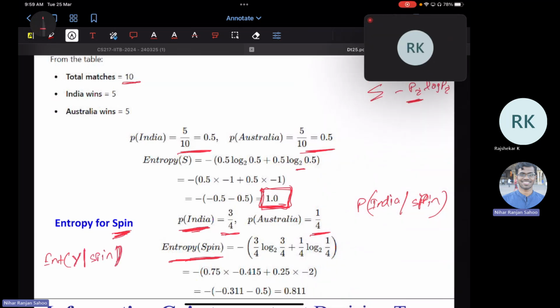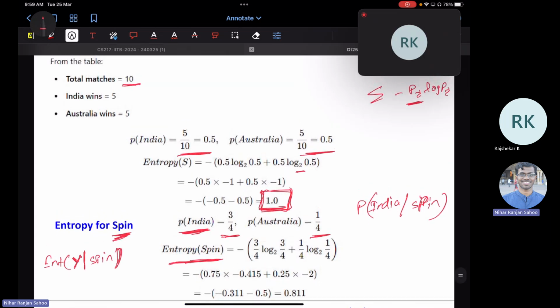It tells us how random our y level will be if we know we are given a spin friendly pitch, right? If it is very random, we will not split on that.